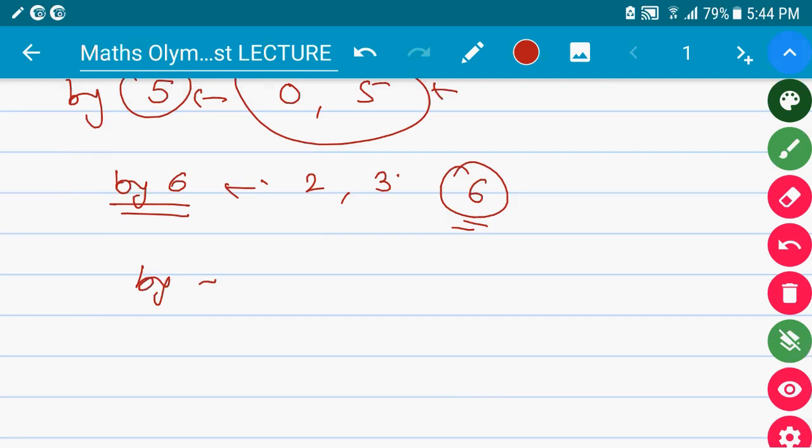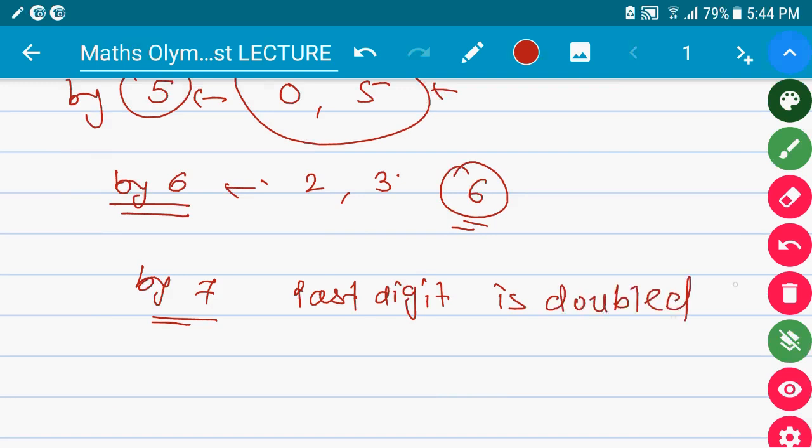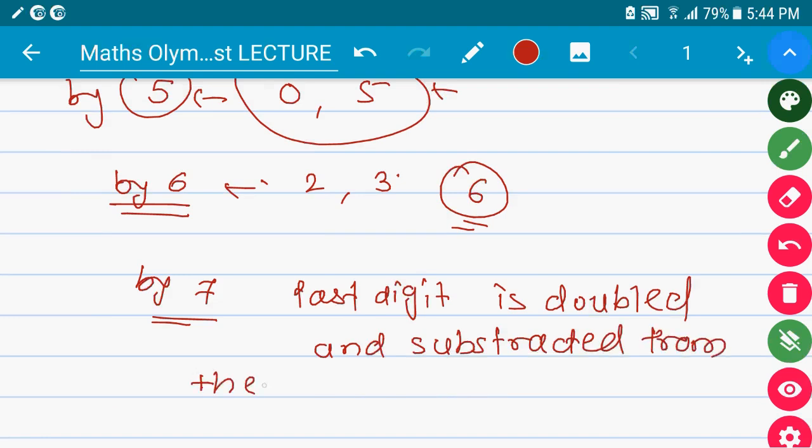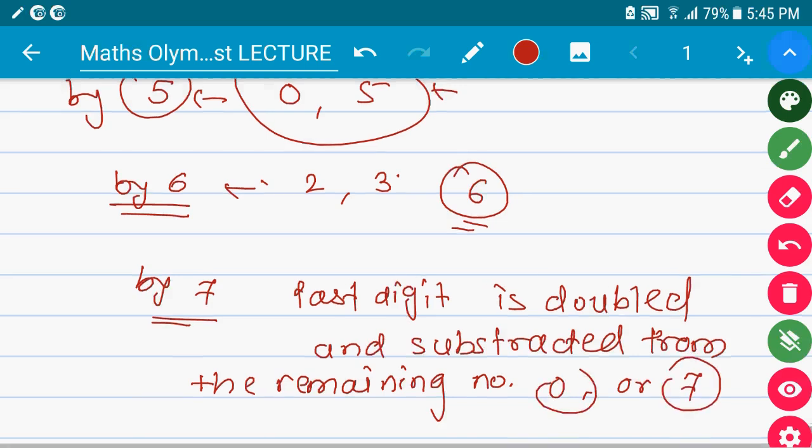If the last digit is doubled and subtracted from the remaining number, and the answer is 0 or divisible by 7, then the number is divisible by 7.